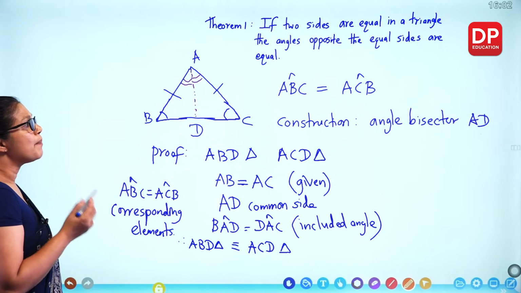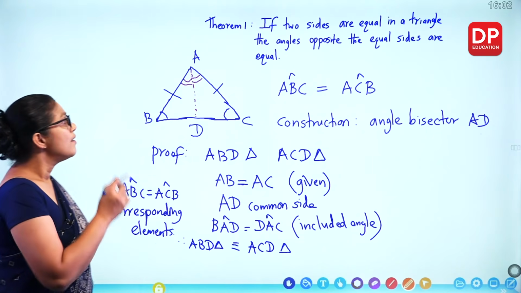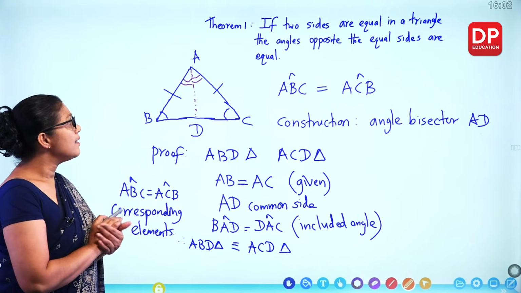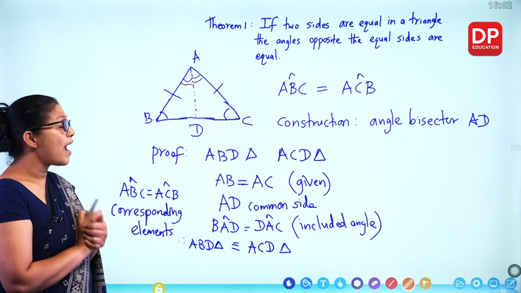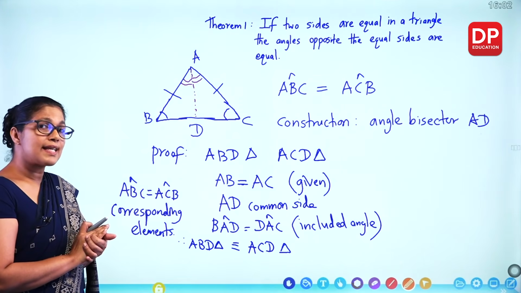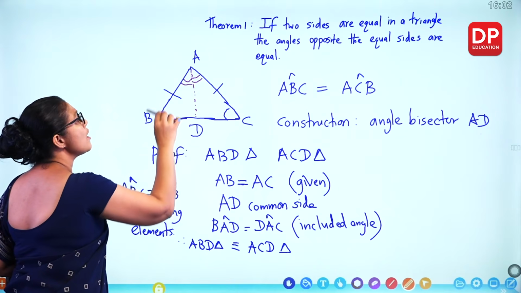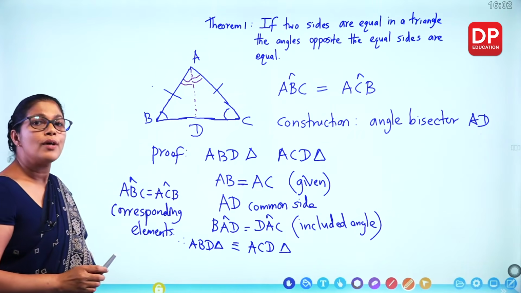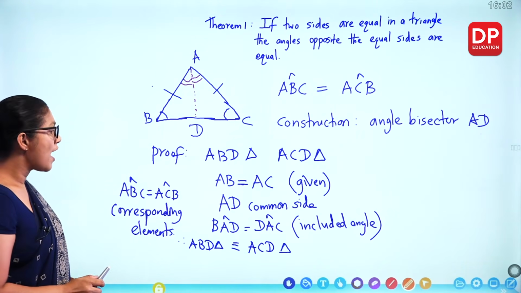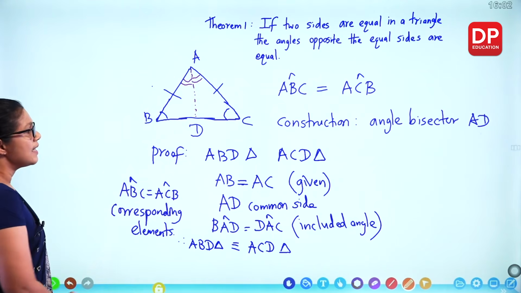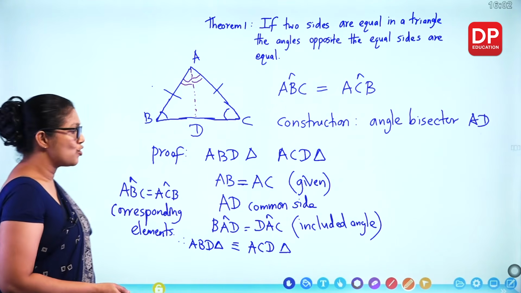So here we can apply this theorem. What is the theorem? It says in a triangle, if two sides are equal, the opposite angles to the equal sides are also equal. So we'll try to apply this in examples in future.